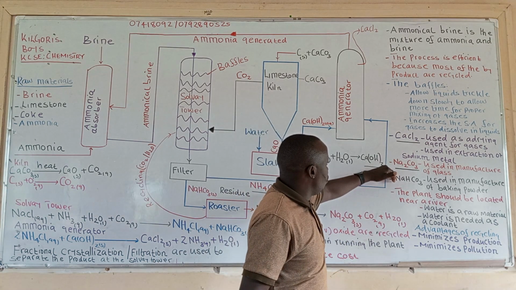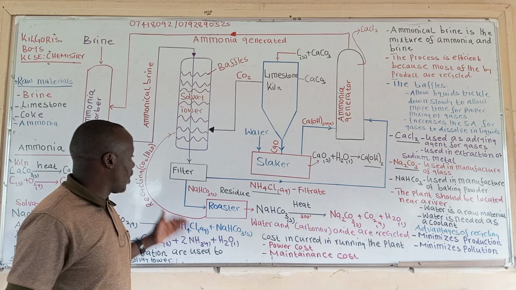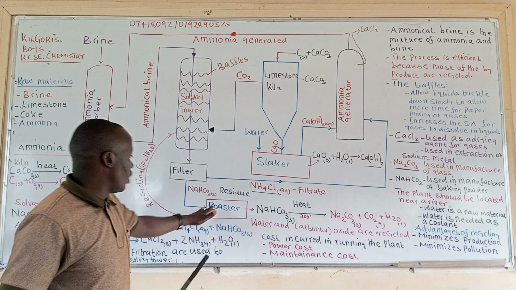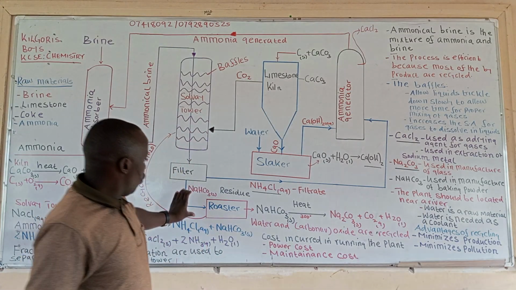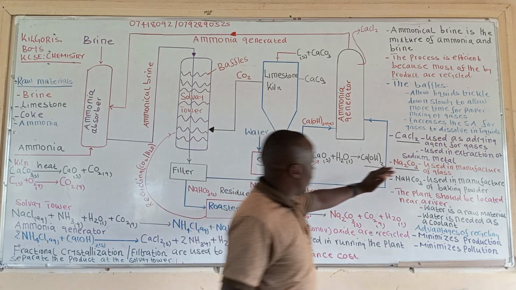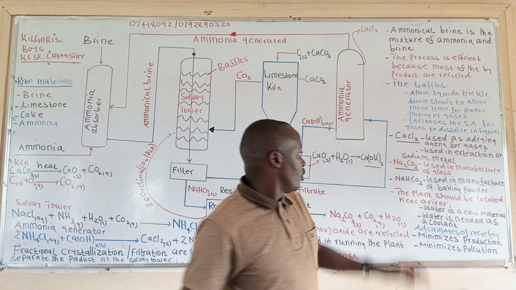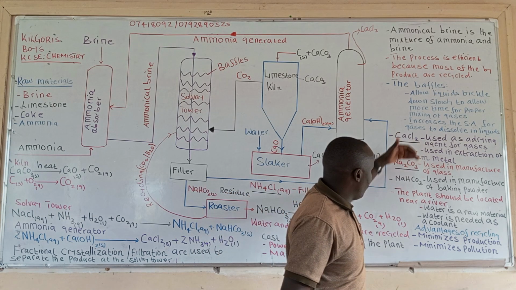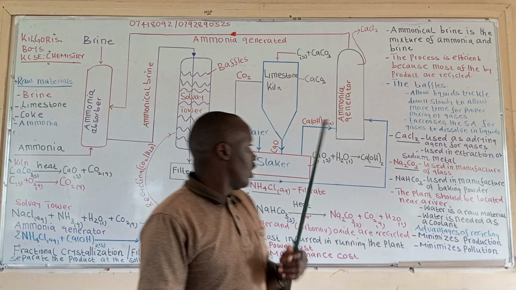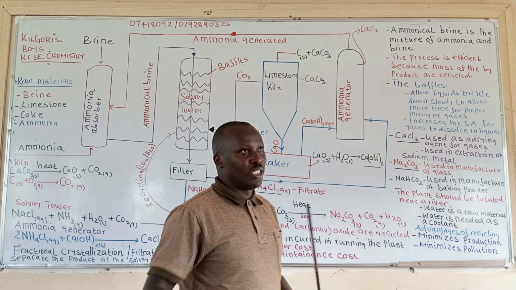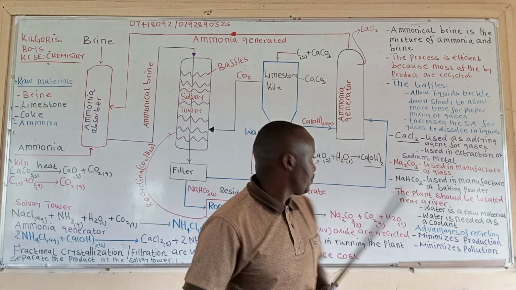We have also the uses of sodium carbonate. Sodium carbonate is normally a product of the roaster. It is produced during the decomposition of sodium hydrogen carbonate. It is used in the manufacture of glass. You can also say that it is used in the paper industry. It can also be used in softening hard water.